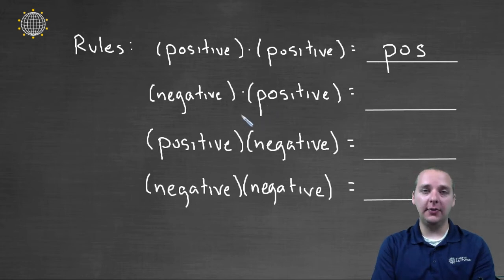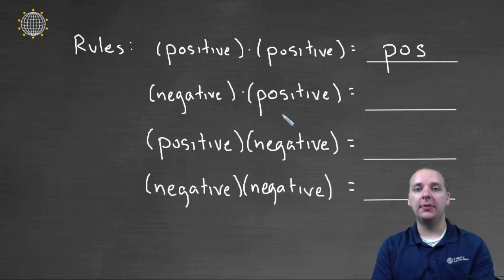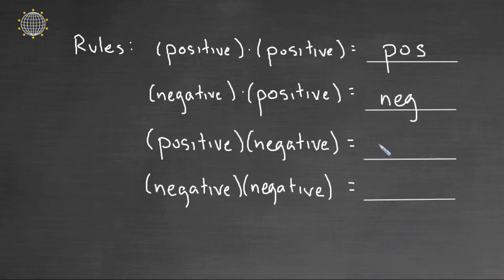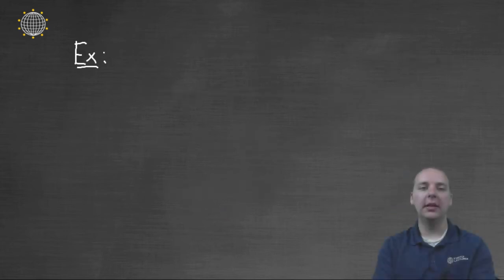If you have a negative number times a positive number, your answer will be negative. If you have a positive times a negative, the reverse is also true. You still get a negative answer. And if you have a negative times a negative, the double negatives actually negate each other, and you get a positive answer. All right, let's try a few examples and practice.